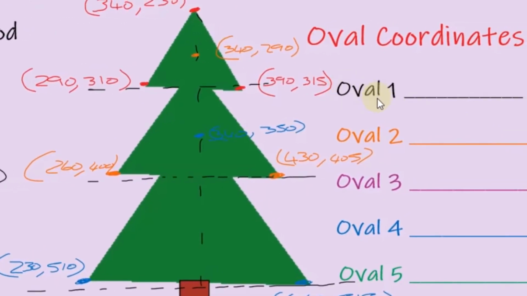So we'll put oval 1, which is black. Where will we put it? We'll put it in the top one here. So we'll put a great big one right there. That's going to be oval 1. Oval 2, where will we put it? It's orange, so let's go and get the orange, and we'll put oval 2 over here.